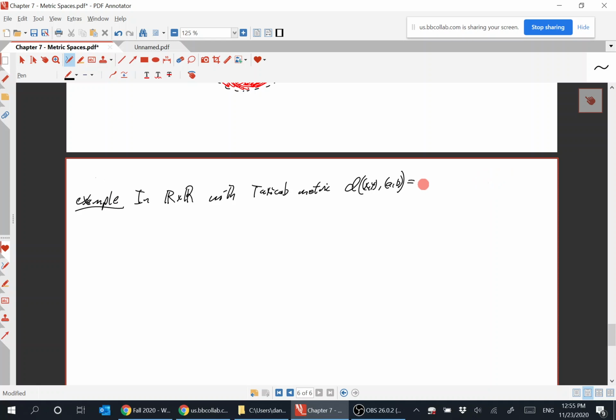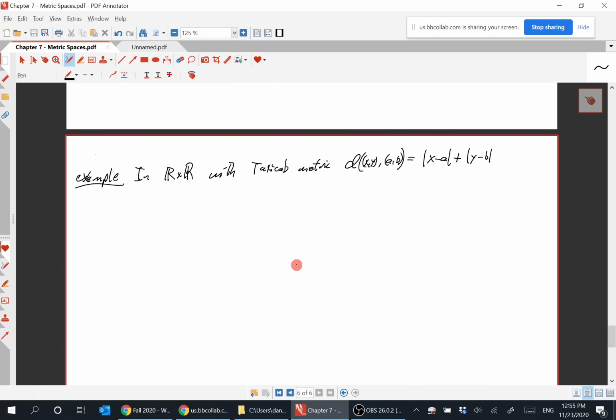So in R cross R with the taxicab metric, what do we have?